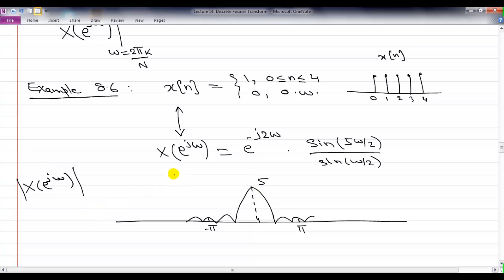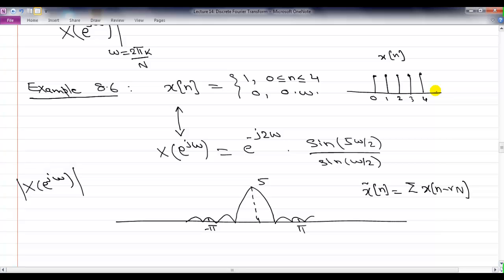Now let's assume that I compute a periodic extension of this thing with some time period. Okay. So if I now compute x tilde[n], which is given by summation of x[n minus rN], I just take this sequence and I start repeating it after every N time steps.